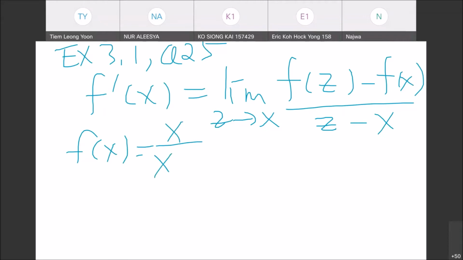So instead of writing g(x) equals x over x minus 1, I'm going to use the symbol f to represent the function x over x minus 1.